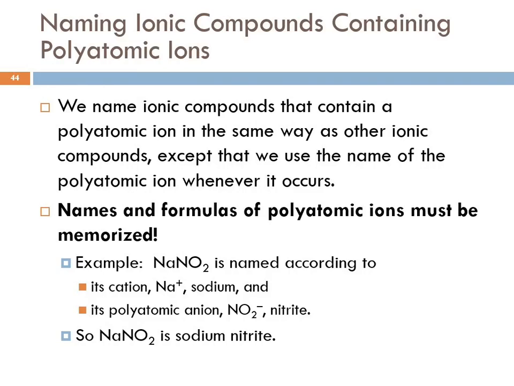What happens is students will look at this, NaNO2, and they'll want to break it into 3 things. And they'll get creative and they'll say it's sodium nitrogen dioxide. No, it's not. So you look at the first element, sodium, and then everything else is 1 ion. It's got a special name.